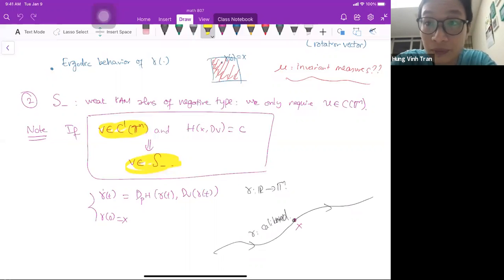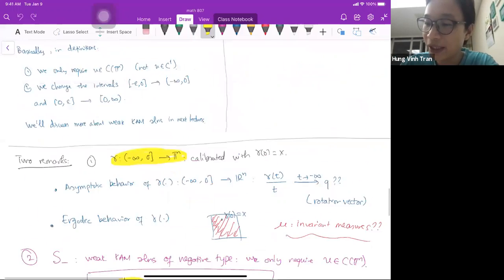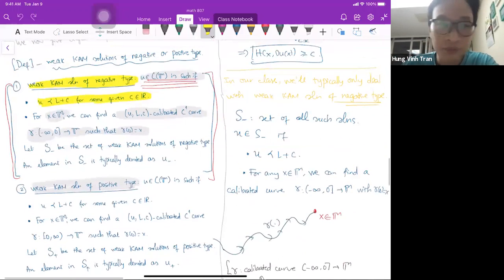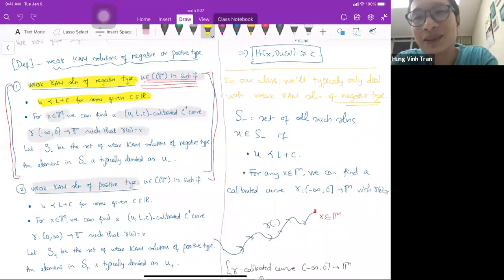When I throw this definition at you, I remember some of my friends back in grad school telling me, what's the thing with Weak KAM theory? It looks so abstract. But it turns out it's quite neat. Eventually, we will be able to characterize all such Weak KAM solutions. I'm going to give you a very quick PDE characterization of that.